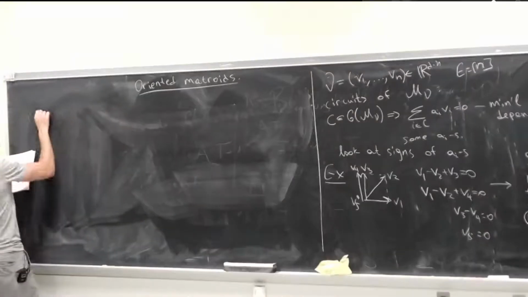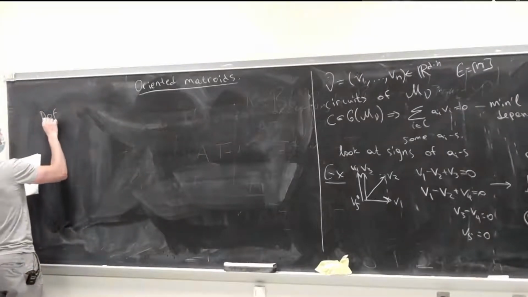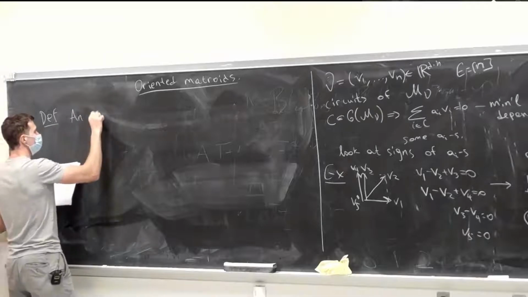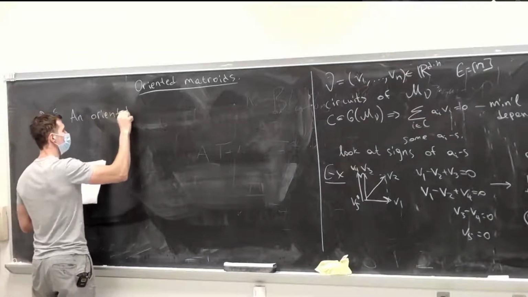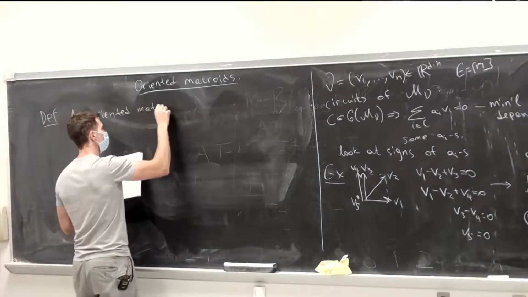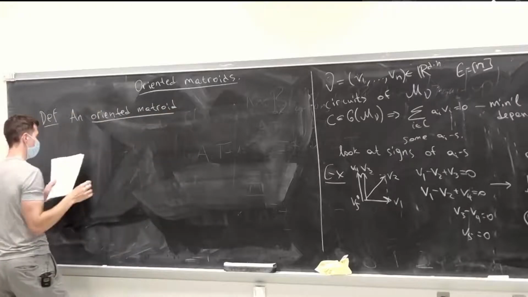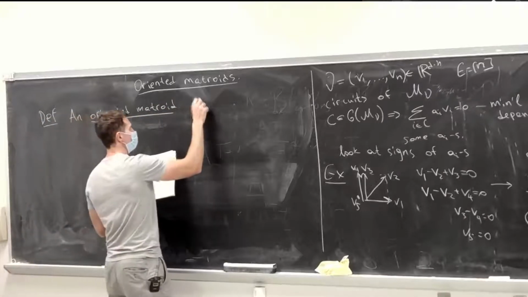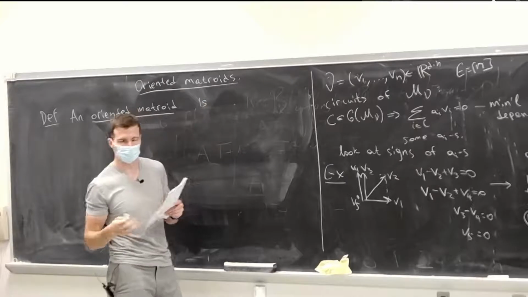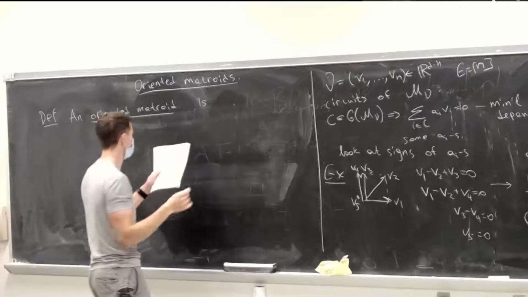Definition. An oriented matroid is, by definition, again, there are many different objects you can use to define oriented matroids.